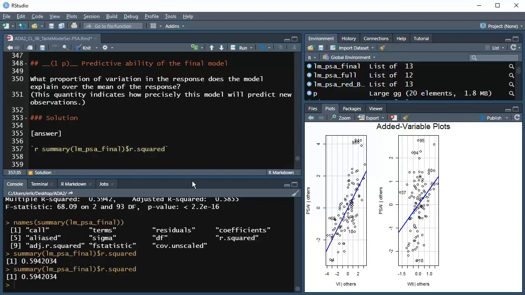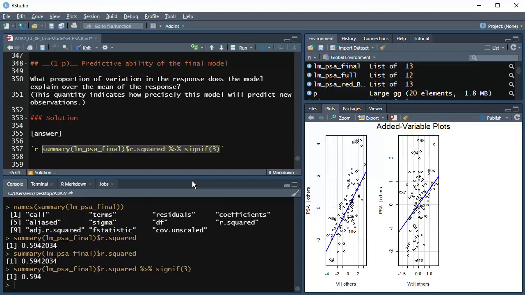I think having 7 decimal places is a bit extreme, so I'm going to pass that value to the signif function and only get 3 significant digits. So I think that's a good summary there. Now I just need to write a sentence that includes that number.